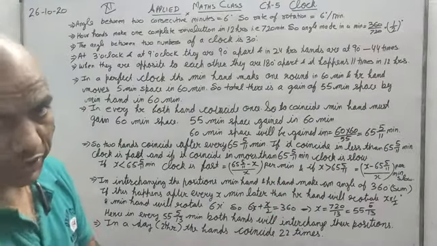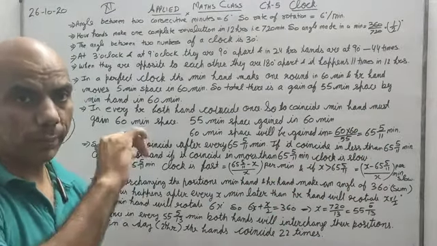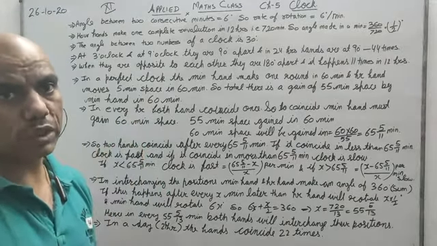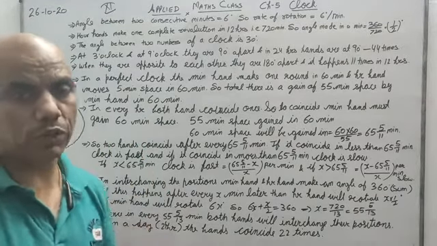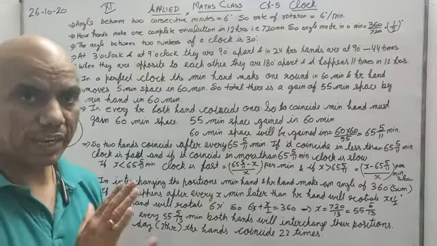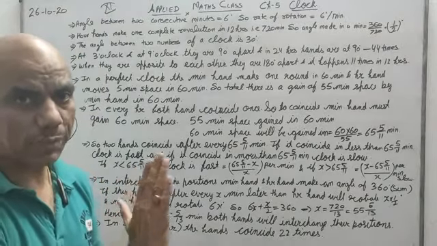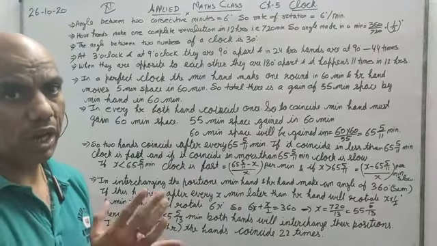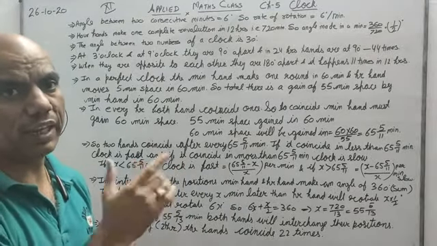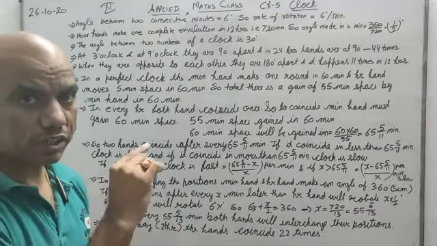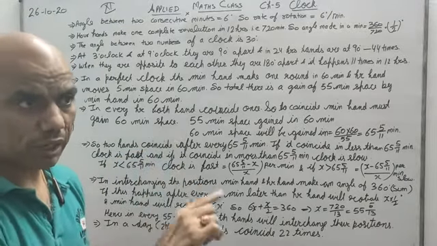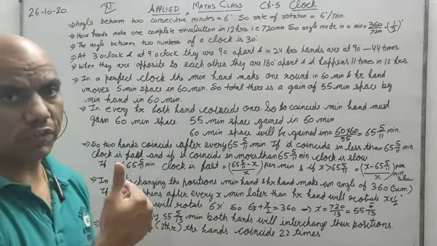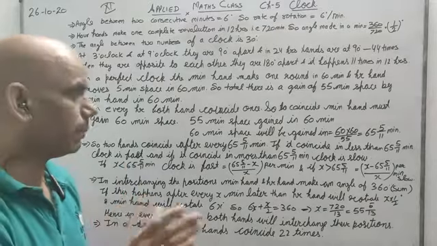Once again, I would like to explain that the minute hand takes one complete revolution in 60 minutes, and in those 60 minutes the hour hand moves just 5 minutes. So the difference between hour hand and minute hand is 55 minutes. This happens every time.